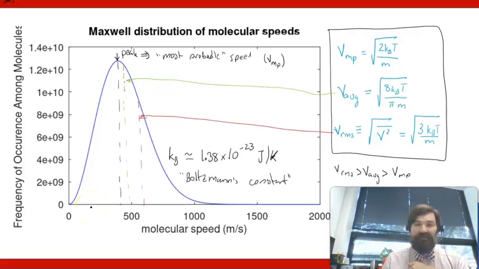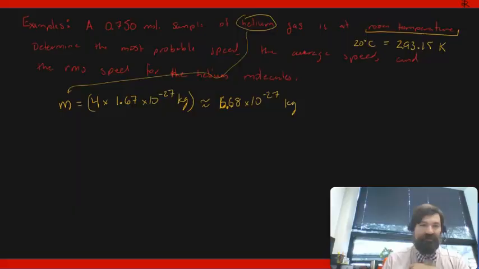Again, it's a fundamental constant, which means its value doesn't change from one application to the next. Basically we should be able to just plug this mass and this temperature into our distribution. Why does this 0.75 moles part really matter?